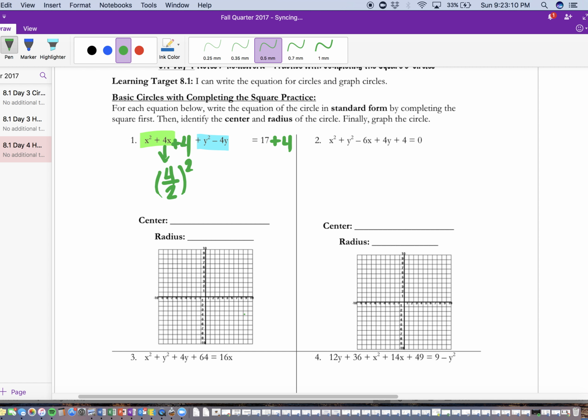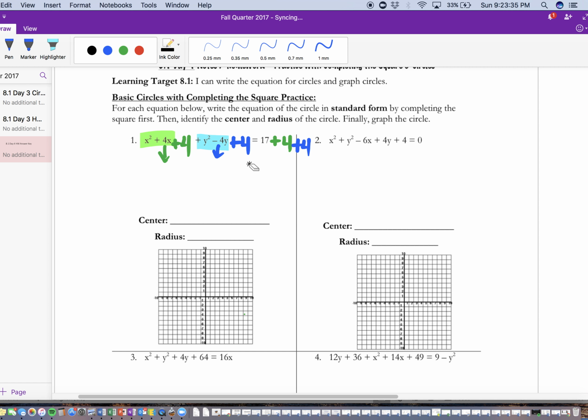Okay. With the y terms, I'm going to look at the middle term, which is negative 4. Take negative 4, divide that by 2, and square that. So that will be negative 2 squared, which is, again, positive 4. What I do to one side, I must do to the other side. So add 4 on the right-hand side. Okay? All right.